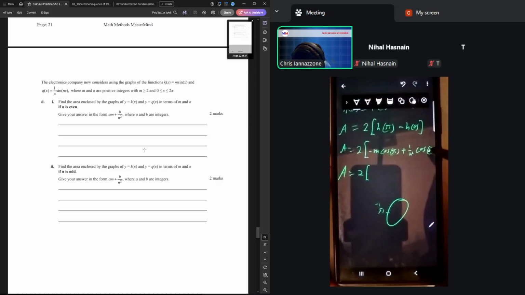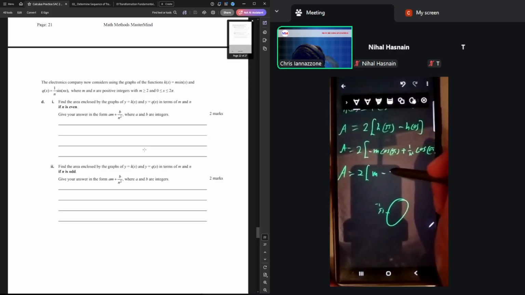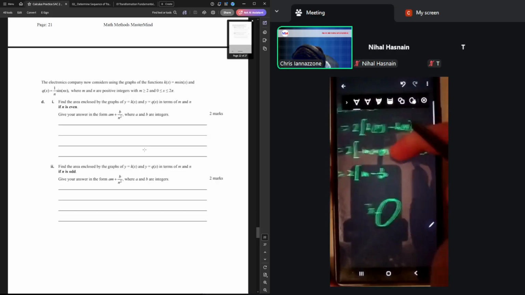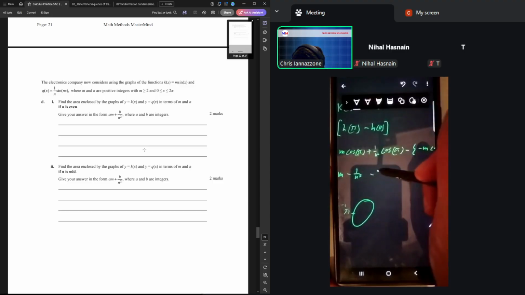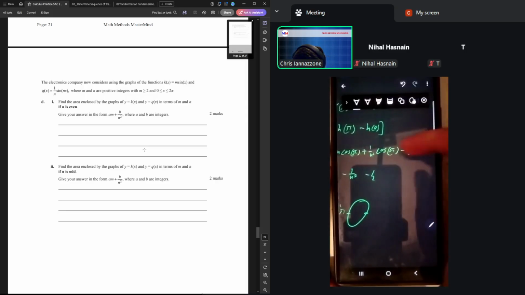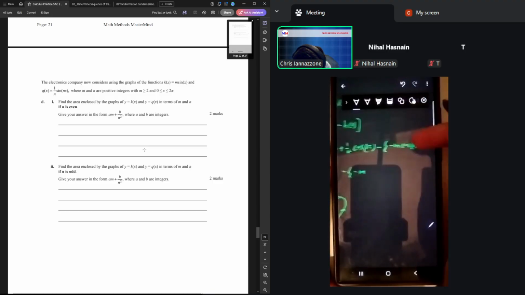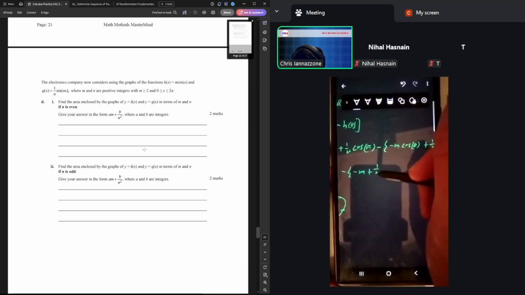So these cos of pi's are both -1, giving us -m and -1 over n squared. We got this bit, cos of 0, 0 is over here, that's +1. So +1 times -m and +1 times 1 over n squared.